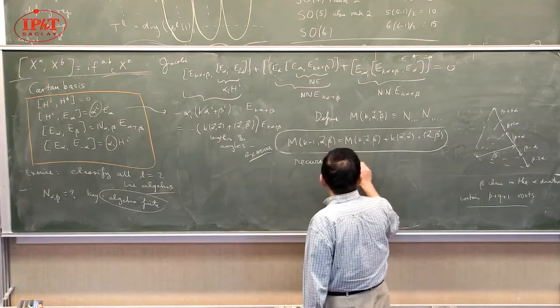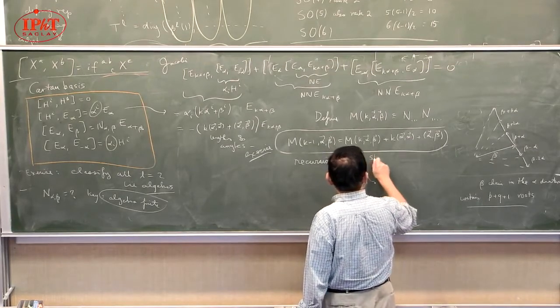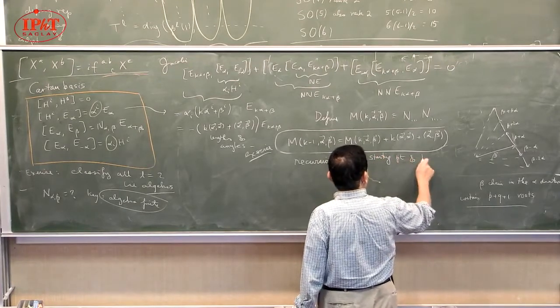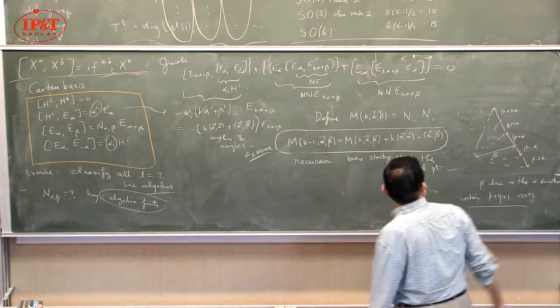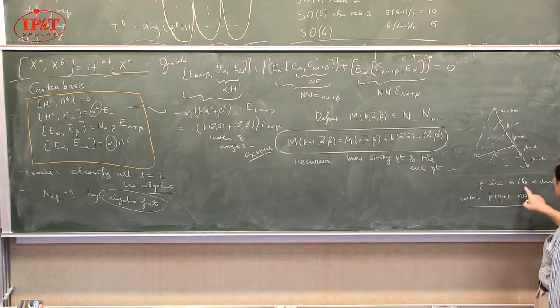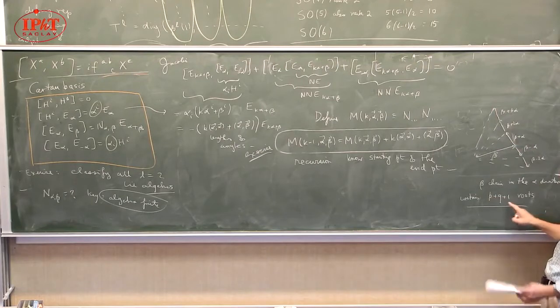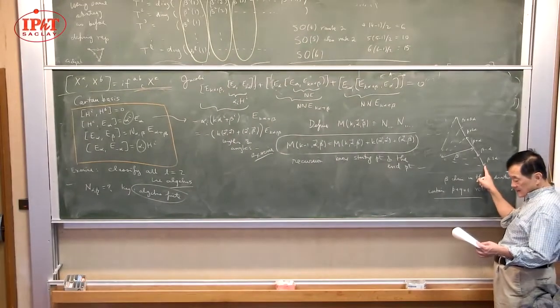But the nice thing is, of course, you know the starting point and the end point, because we already said that the maximum one is P, and the minimum one is beta.